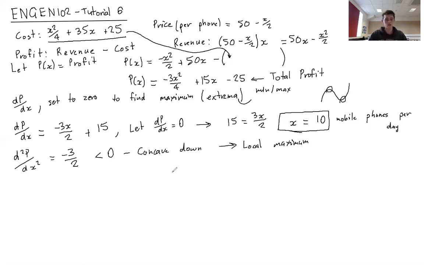That's the reasoning behind why our second derivative is less than 0 at local maxima, and vice versa for local minima.